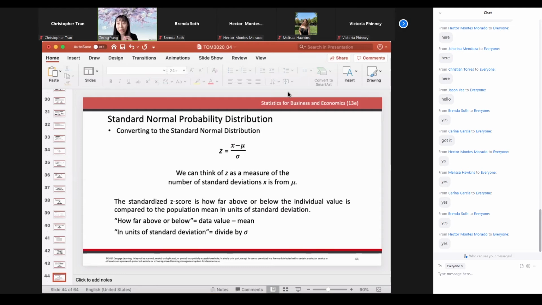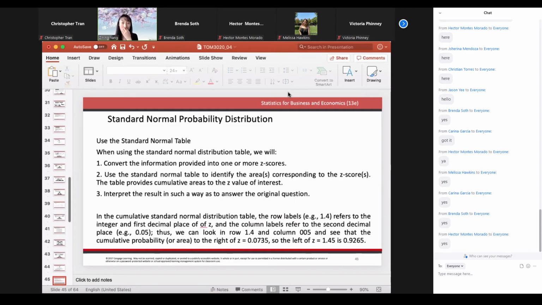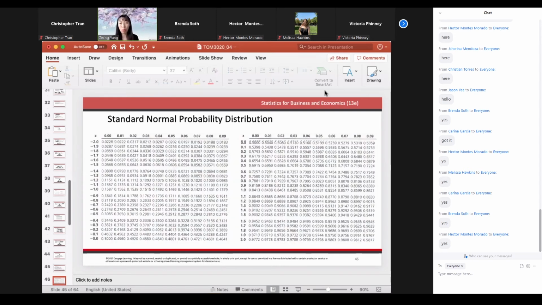And once we get this standardized value, we need to convert it to probability. So the way to convert a z-score to a probability is that we will need the standard normal probability distribution table.